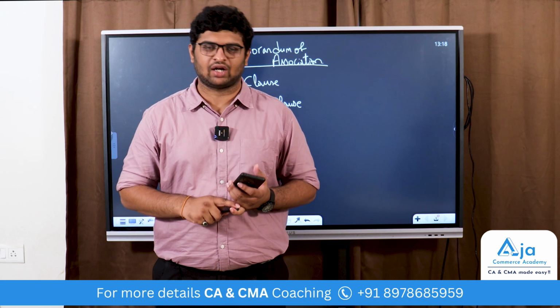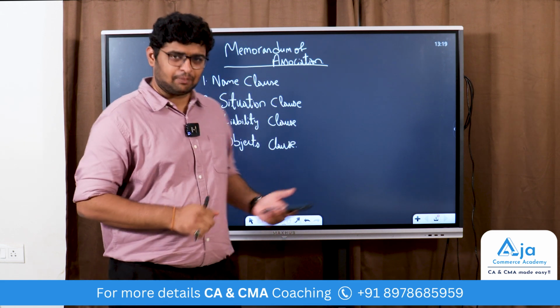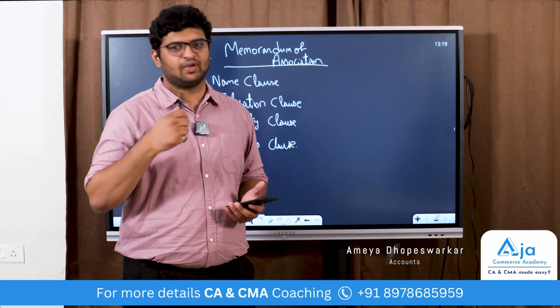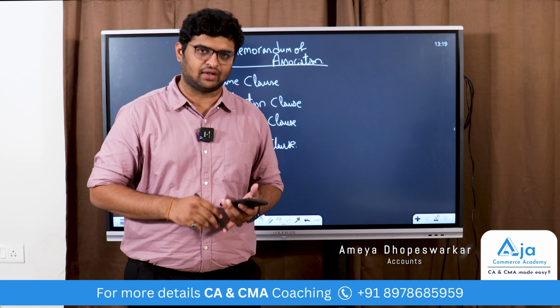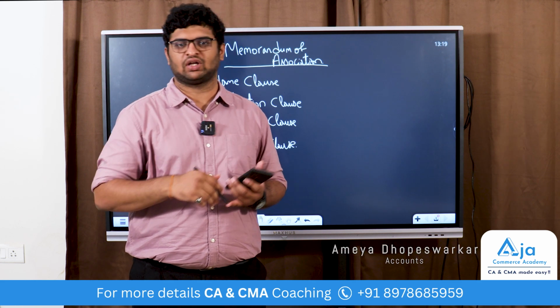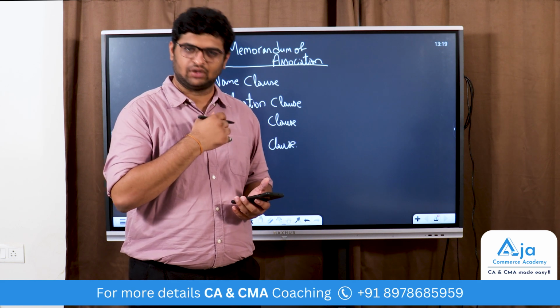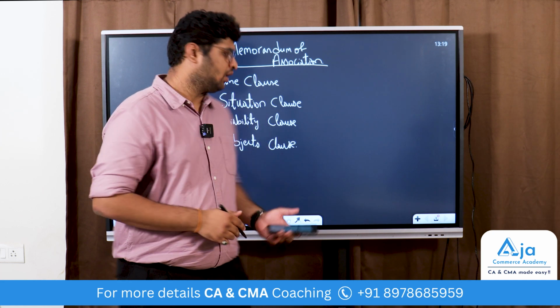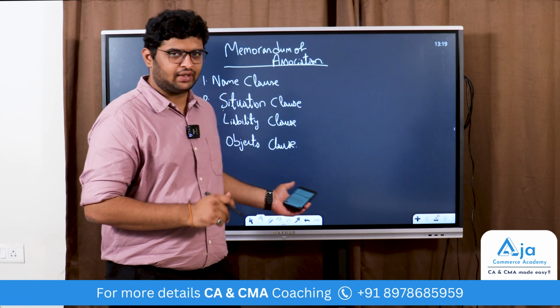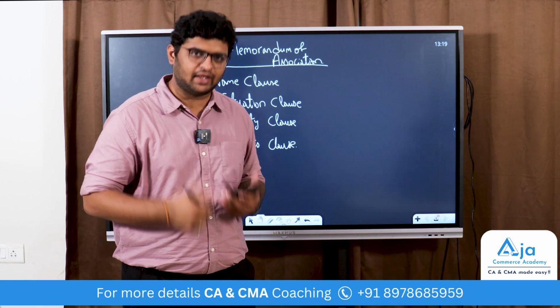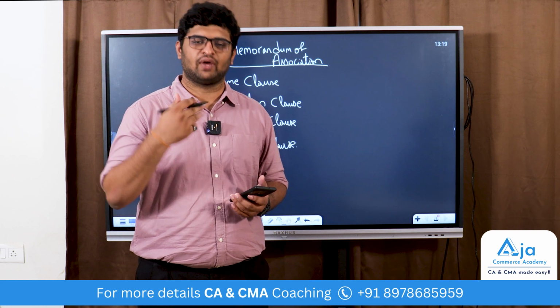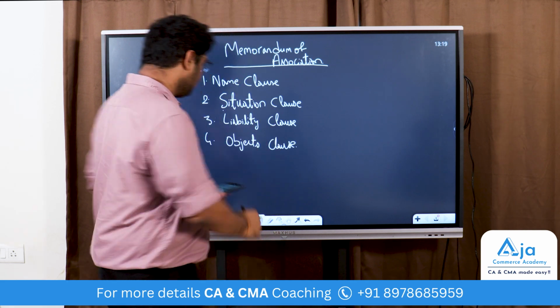A company cannot go over and beyond its object. Even if the shareholders, the board of directors, or the owners of the company ratify it, as per the law the company cannot undertake any contract or business that is over and beyond the object of the company.